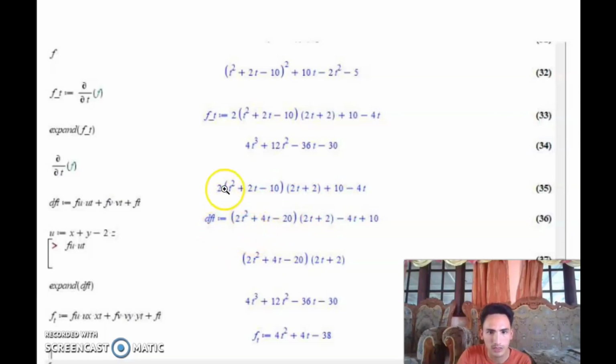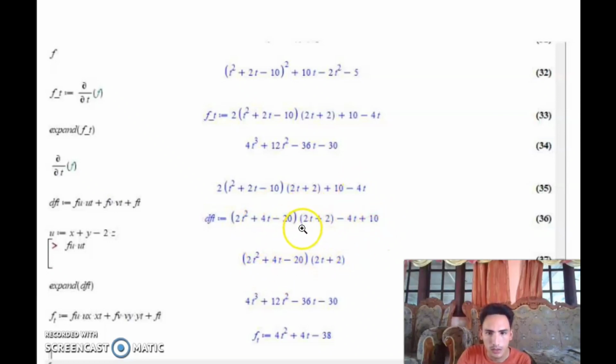From here, we differentiate and expand: t squared plus 2t minus 10, times the bracket 2t plus 2, plus 10 minus 40. We expand here, we get 2t squared plus 4t minus 20, times the bracket 2t plus 2, minus 4t plus 10.